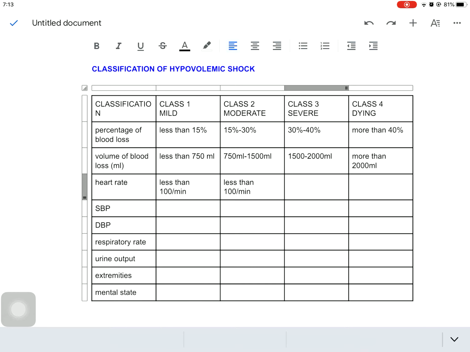Moving on to class 3, usually they are tachycardic, about 120 beats per minute to 140 beats per minute. For class 4, they have the highest heart rate, more than 140 beats per minute.